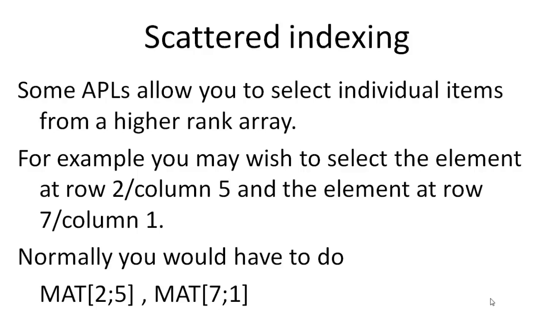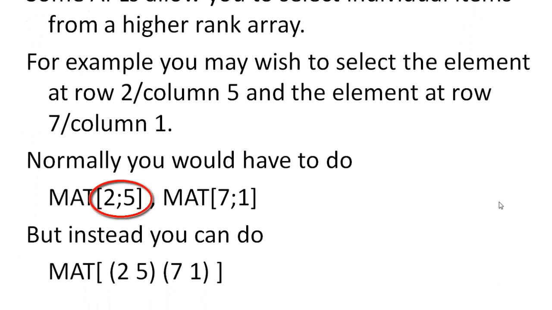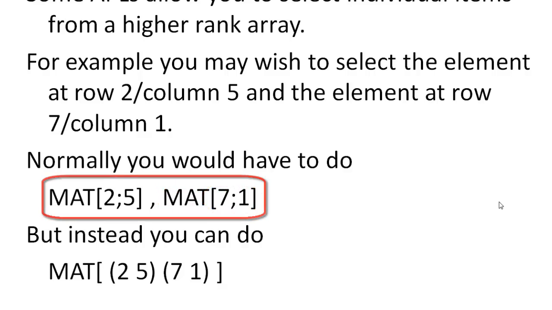Scattered indexing. This allows you to select individual items from a higher rank array. Only some APLs allow you to do that. For example, you may wish to select the element at row 2 column 5 and the element at row 7 column 1. Normally you would have to do variable index 2,5 followed by variable index 7,1.